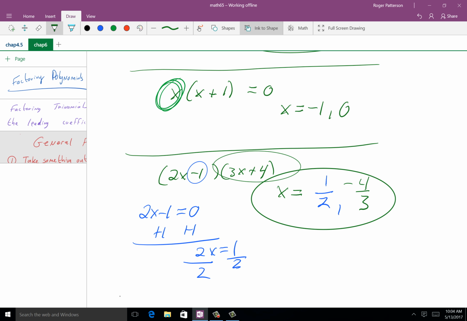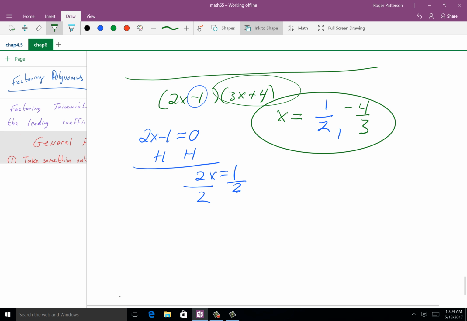Taking something out. Can we take something out of this? Take an x out. X comes out. What are we left with? x minus 4 equals 0. Okay, now I can do this. So what are my answers? 0 and 4. All we're doing is taking it one more little step.